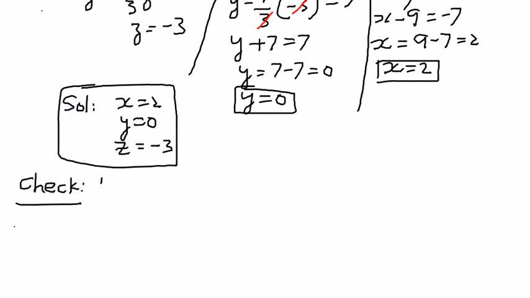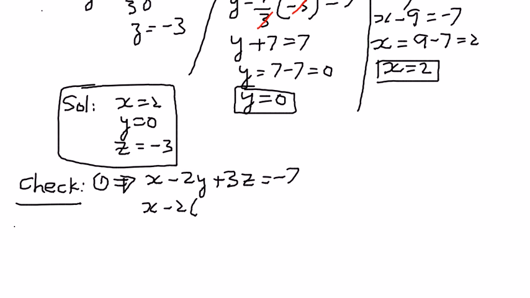So I'm going to take equation 1 and then check it. The first equation we have is x minus 2y plus 3z is equal to -7. So we'll substitute the values of x, y, and z in here. x minus 2 times 0 plus 3 times -3 should be equal to -7.